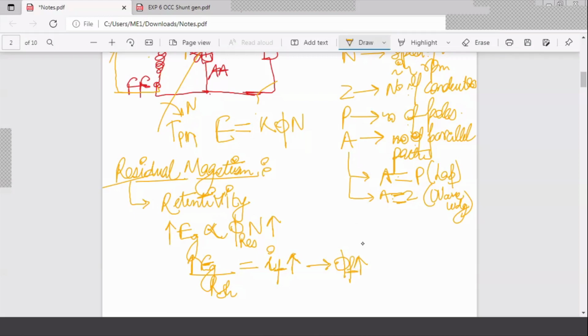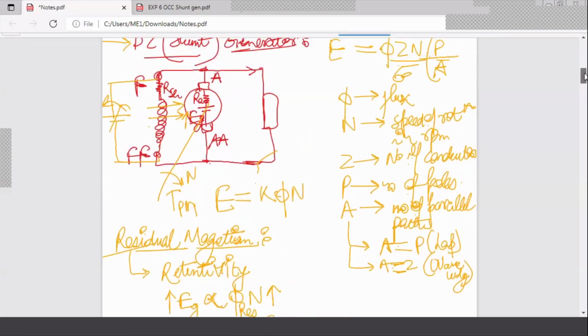Now this flux which is produced by the current IF, if this is in the direction of the original residual magnetism, let's say the original residual magnetism is in this direction, phi residual, and the flux produced by the field current is also in the same direction, what will happen?